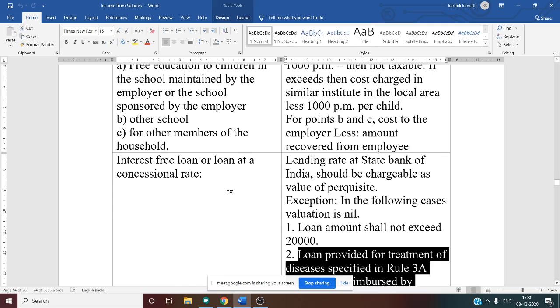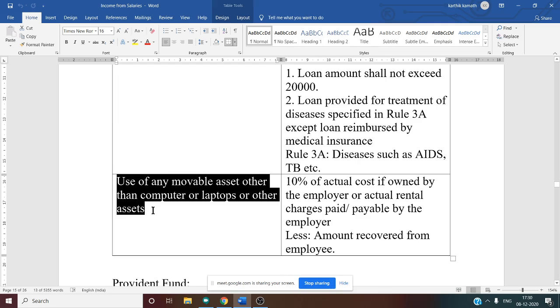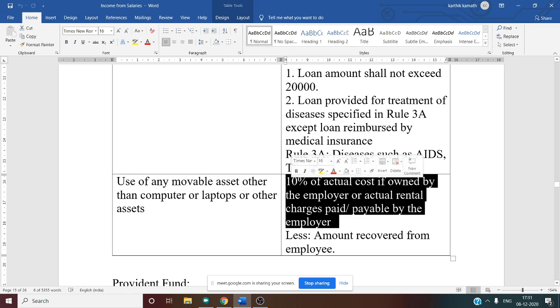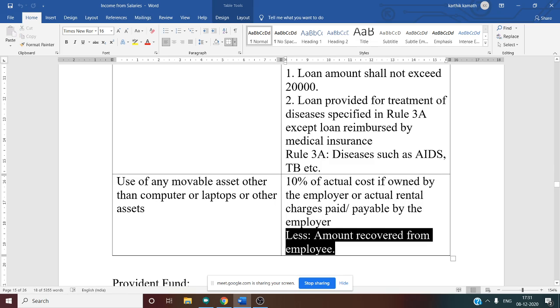Then there is a movable asset other than computer or laptop or other asset. Yes, in that case, if an asset is given in the problem, 10% of the actual cost if owned by the employer or actual rental charges paid or payable by the employer. Yes, among these two, anyone can be taken depending on whether it is owned or whether it is rented by the employer. Less amount recovered from employee you have to deduct.